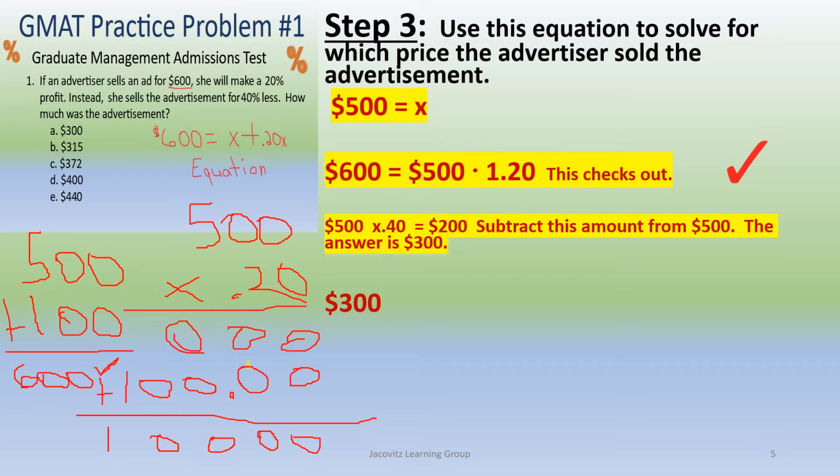Okay, now what we need to do is find out how much he actually sold it for. Now, if we take this amount, this 500, because that's the amount we want to have, you would do, and I'm just putting this here, 500 times 40%.